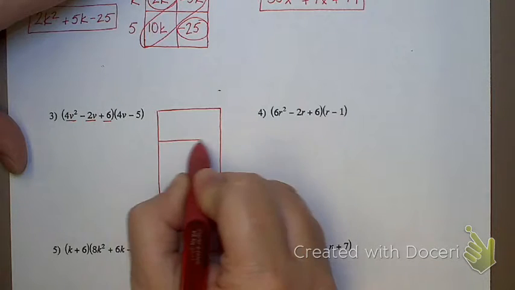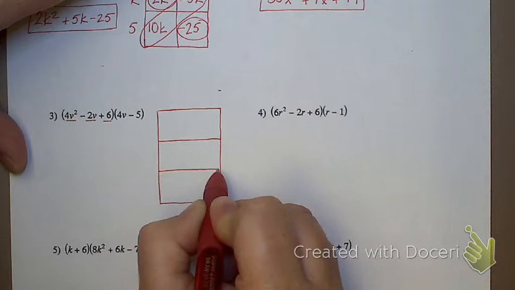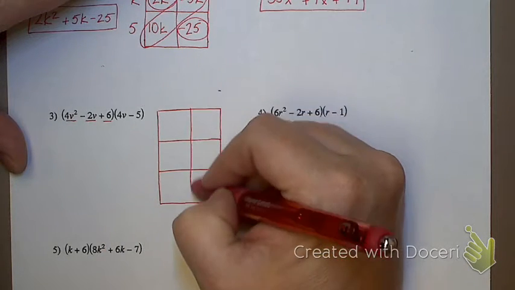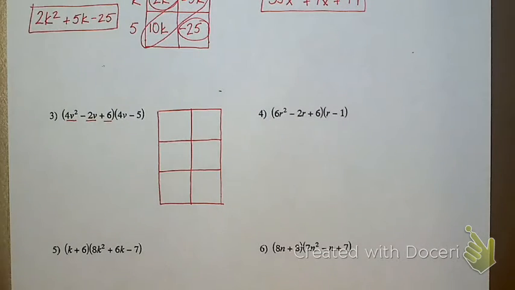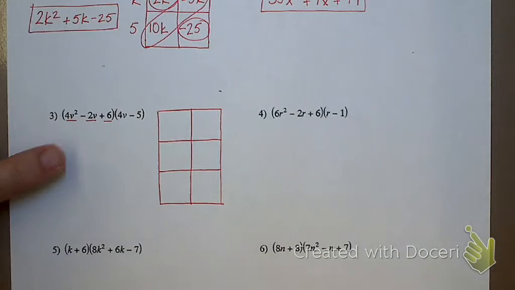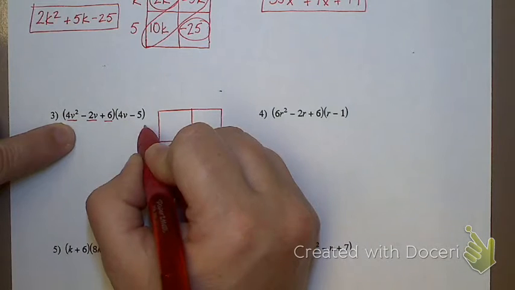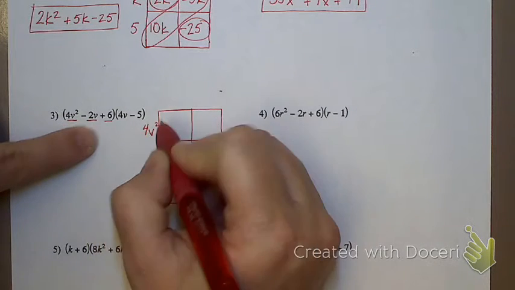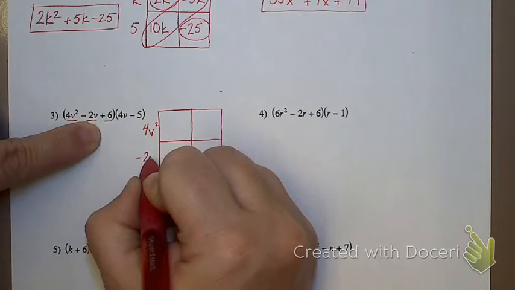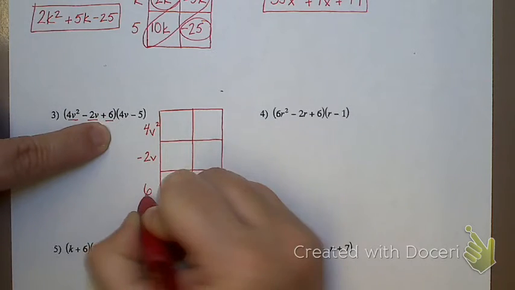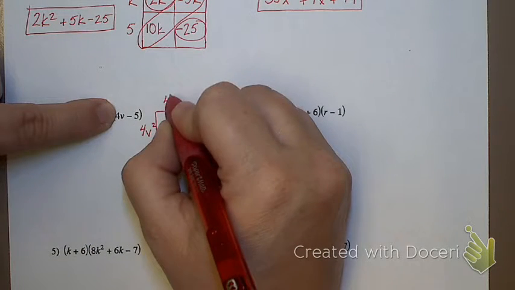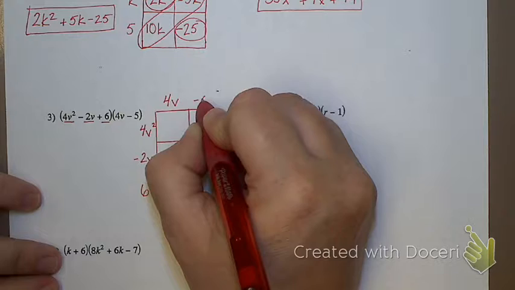I need 3 rows this way and just 2 rows this way. So that's what my box is going to look like. And now I just set up my terms like I did before. 4v squared, negative 2v, positive 6, and then up here, 4v and negative 5.